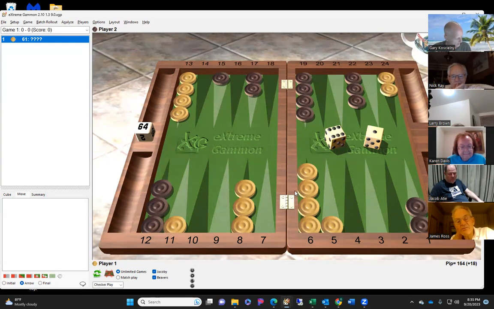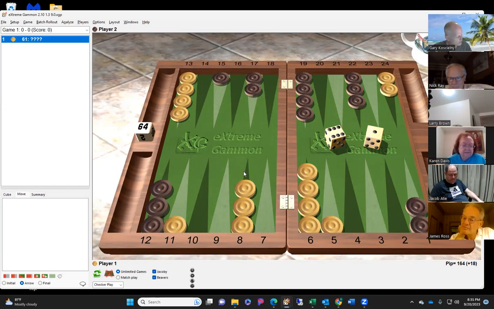Because we have a priming formation and we're behind in the race. Yes, we are behind in the race. We do have a stack here though, so this is an odd situation. We don't have much going on. We don't have any points, so it's hard to say it's a prime, but we don't have a deep point. But we do have spares that are well distributed.